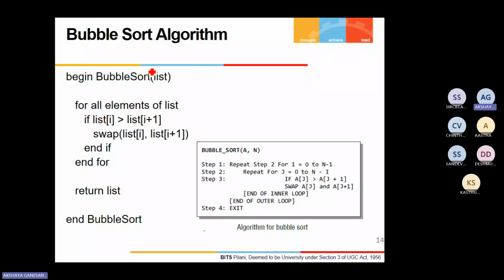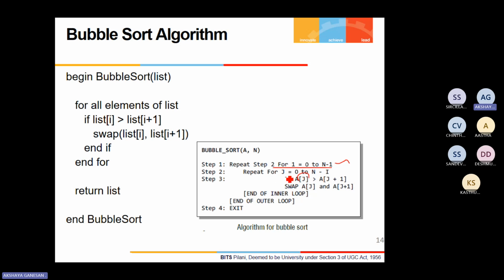Now, if you look at the algorithm, bubble sort, it takes in an input array. It starts with all the elements of the array. Okay, so first iterative loop is i is equal to 0, this is for the pass. Okay, and this is for the elements. So repeat steps. I is equal to 0, j is equal to 0. If a of j is greater than a of j plus 1, you do the swapping, right?